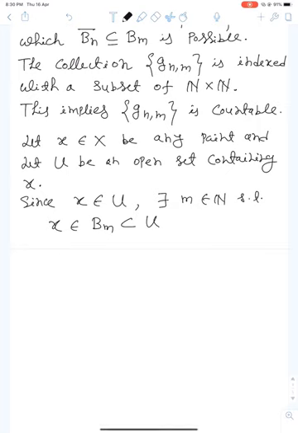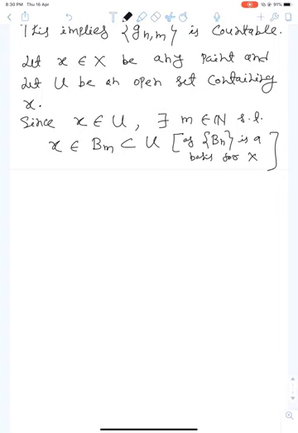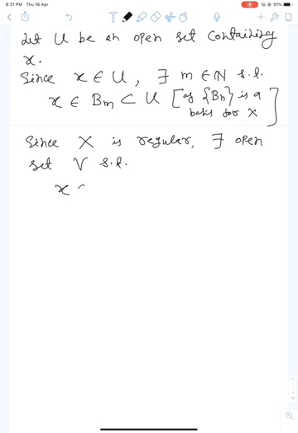Why is that true? Because the collection Bn is a basis for X. Now since x belongs to Bm and X is regular, there exists an open set V such that x belongs to V and the closure of V is a subset of Bm.